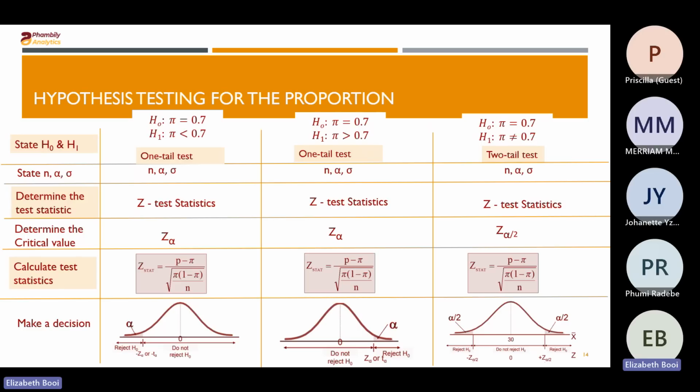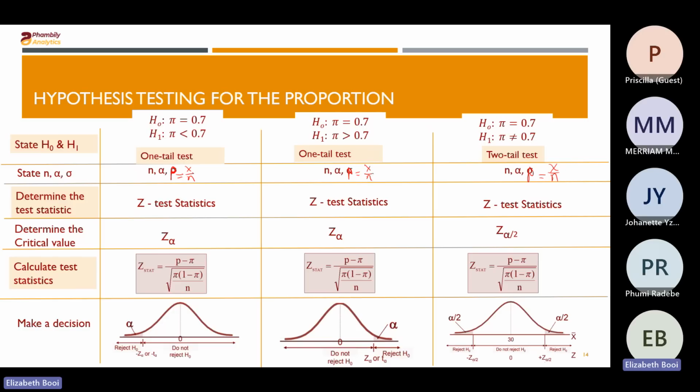So when we look at the proportion, similar. With the proportion, you state your null hypothesis, and we use the population parameter, and you state what you are given. You will be given P, and if you are not given P, you will calculate the sample proportion.